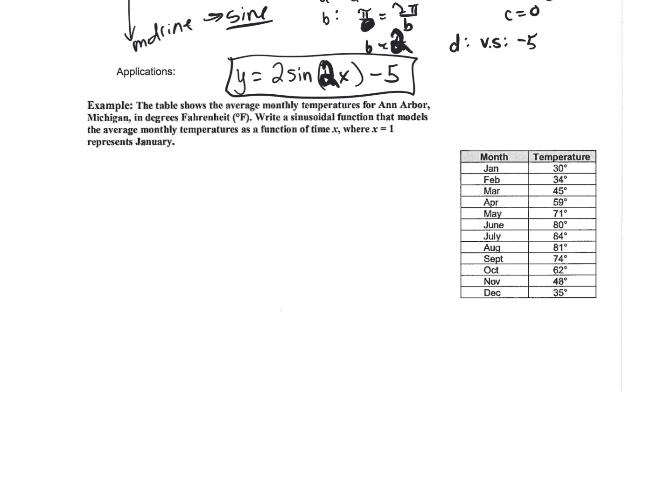There's a couple formulas you need to know. The formula for amplitude: amplitude is equal to 1/2 max minus min. Period is going to be equal to max 1 minus max 2.